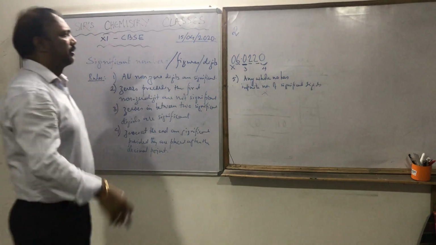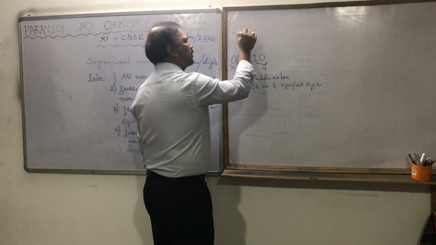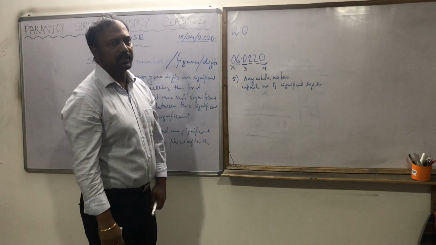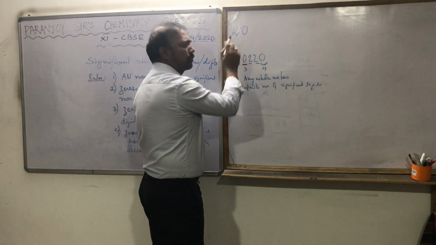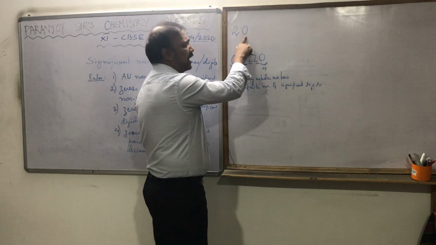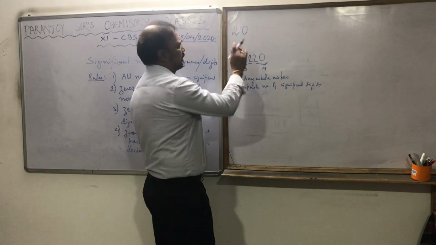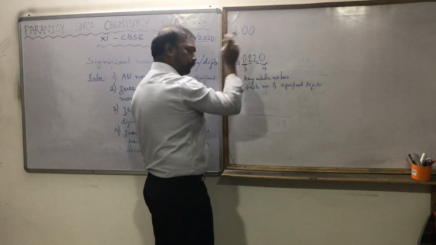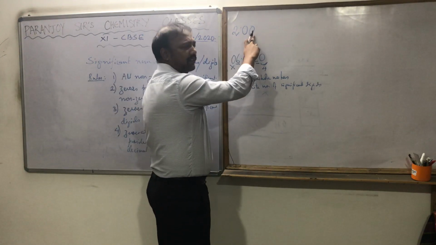Obviously your answer will be 1. Can I write 2 as 2.0? Yes. Now there are 2 significant figures, because 2 is significant and 0 is significant, since it is placed at the end after the decimal point. Now 2 can also be written as 2.00. Now this is significant, this is significant.